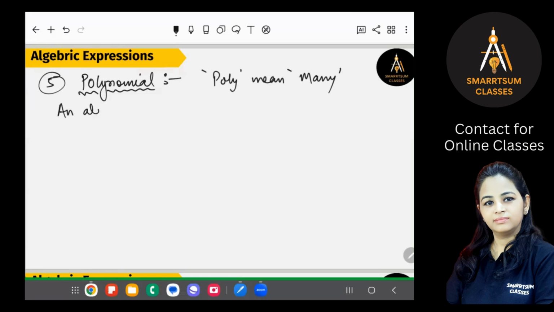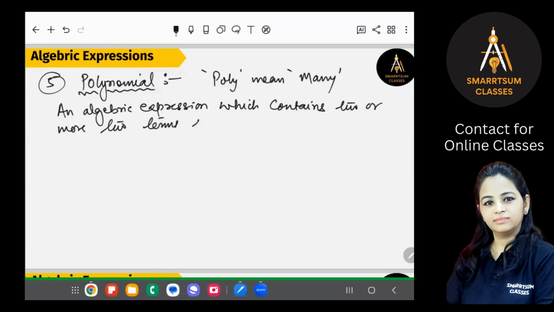So an algebraic expression which contains two or more than two terms is a polynomial.